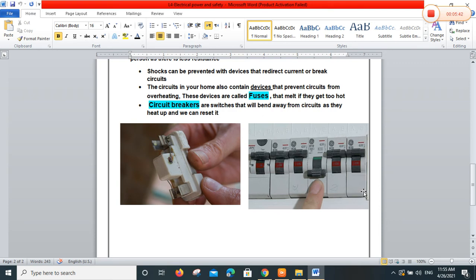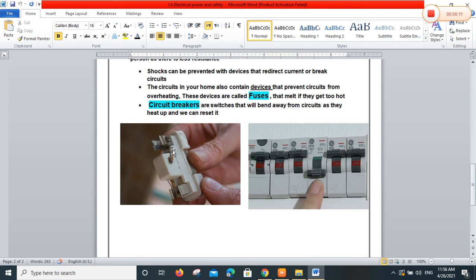Look at the old fuse, a thin metal wire that connects these two parts. When appliances use a lot of electrical energy, this wire melts, which keeps appliances from damage.